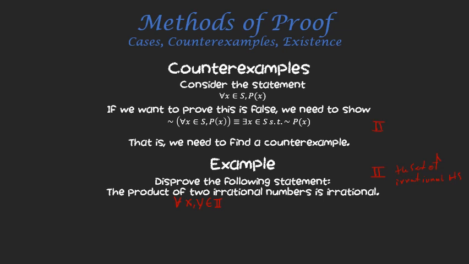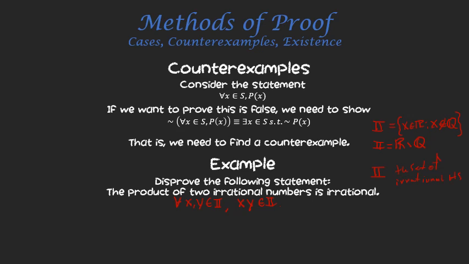Notice that the set of irrationals would be the set of all real numbers such that x is not rational. That would be a fine way to do this, or we could actually use some set operations, right? The irrational numbers are the real numbers minus the rationals. So we could write this a few different ways, all meaning the same thing, just the irrational numbers. So for all x and y in the irrational numbers, x times y is also in the irrational numbers. So that's the statement that we want to disprove.